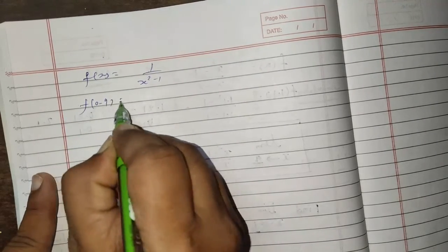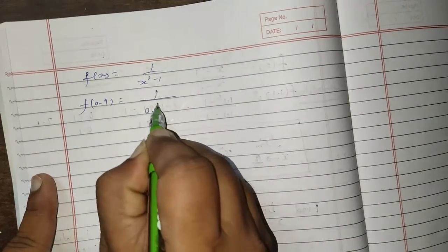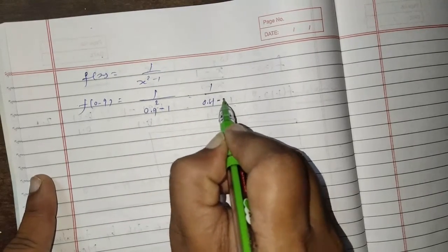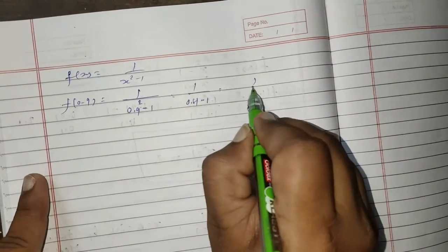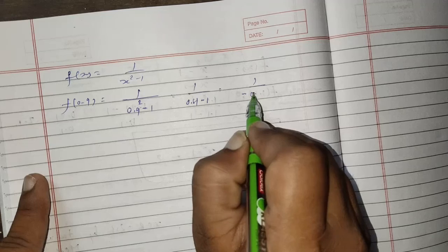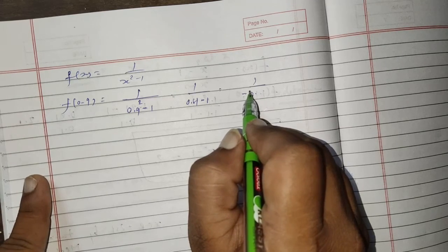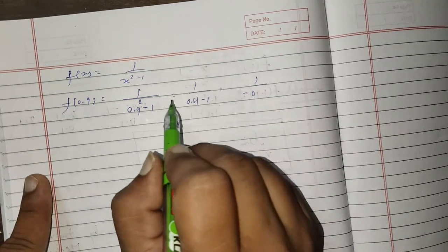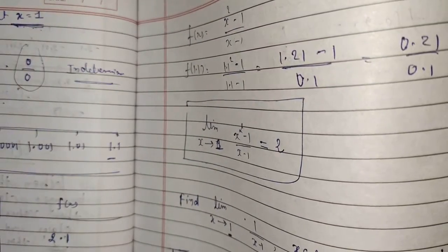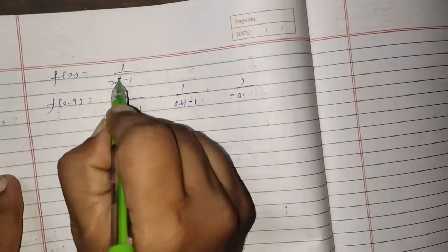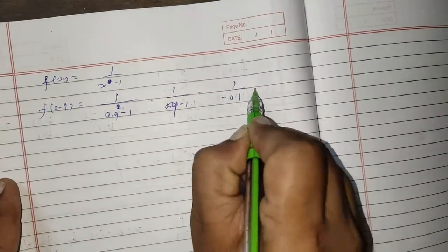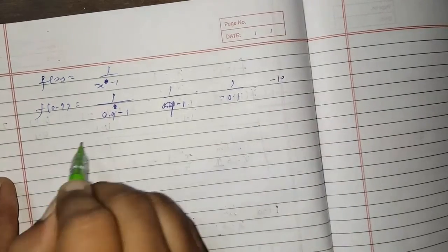So f(0.9) is equal to 1 divided by 0.9 minus 1, so 1 divided by minus 0.1. So the answer is minus 10.